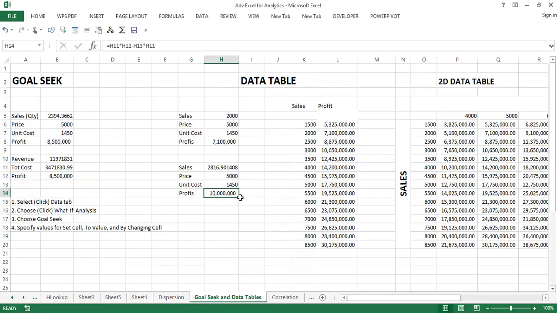Okay, that's fine. Do you know why we're approximating it? No. Suppose you give an example of a product that can be offered for sale. Okay, let's say a standing fan. Can you sell 2,816.901408 standing fans?